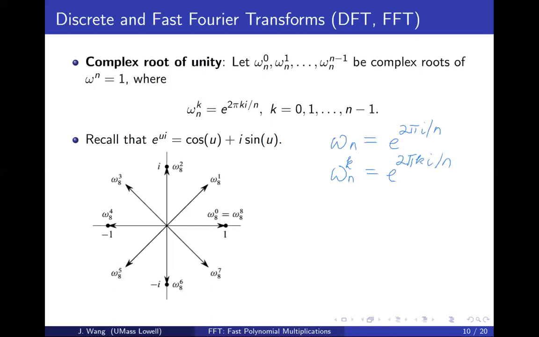This i is the imaginary unit, which means that i squared is equal to minus 1. That's the complex number unit. And e to the u i is equal to cosine u plus i sine u.